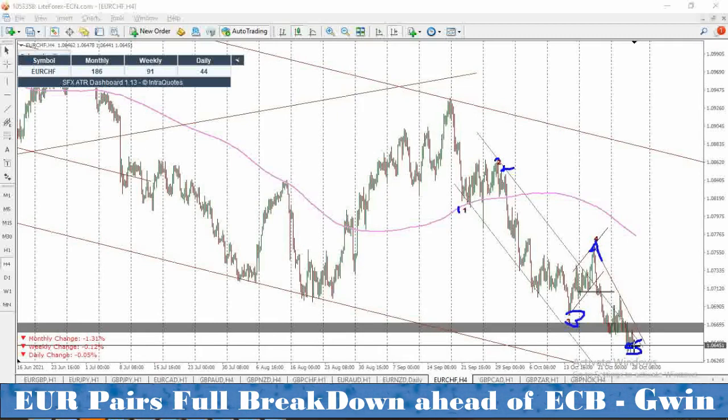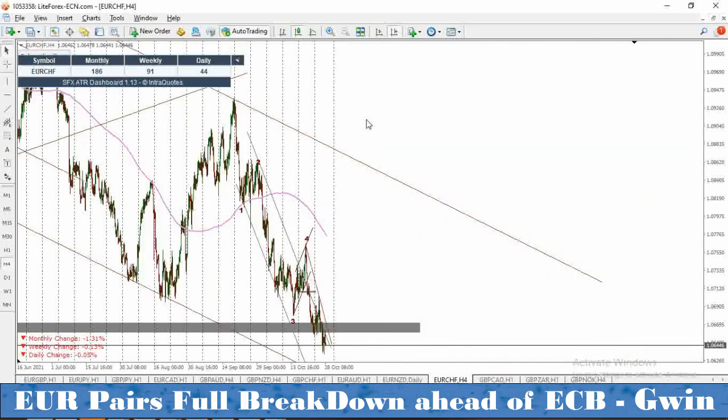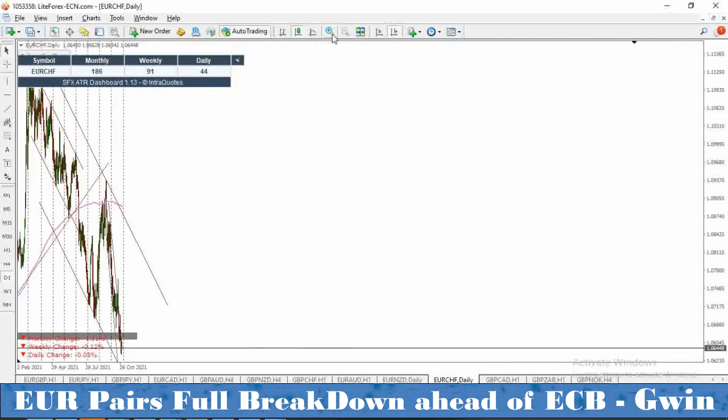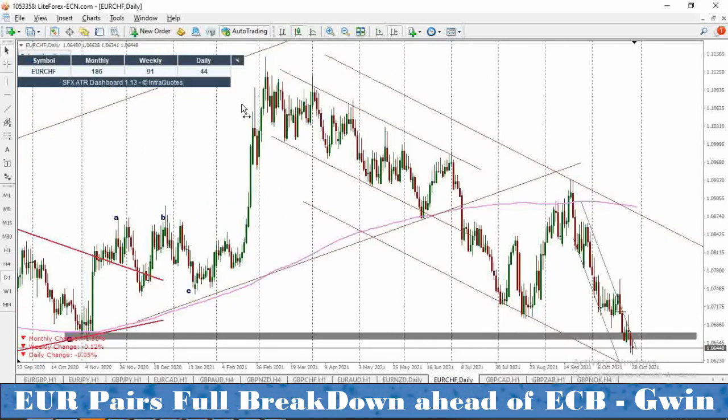Then we could be looking for a possibility for an upside, say an ABC or a very strong move to the upside, which could take price back into testing the resistance of this downward channel right there. You can see that we had this downward channel that started right from March.